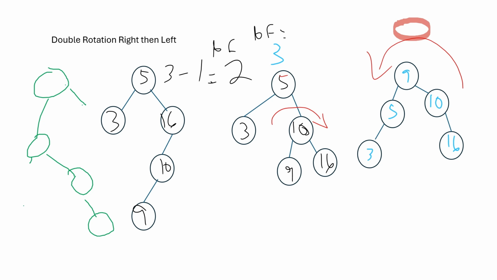So this is all left children. So you're going to balance this out. You're going to balance it around this node, whatever node that is, and you'll look something like this. And you have to do it like an algorithm. It'd be like that. So it'd be do the left rotation.